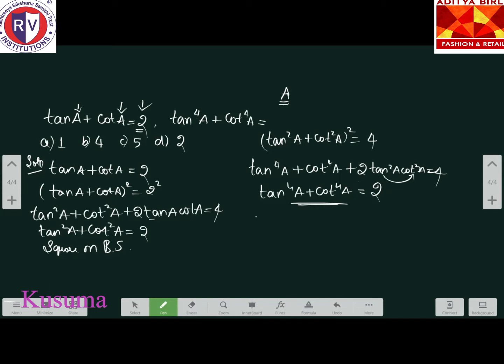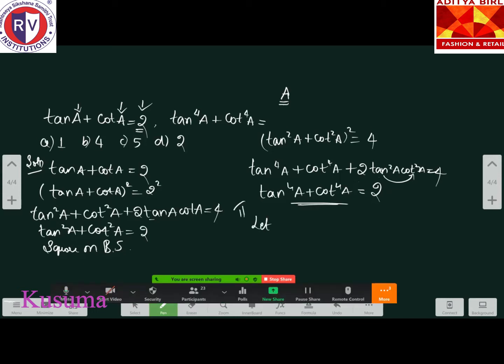So this is the second method. Let us choose A equal to 45 degrees. Now, tan 45° + cot 45° will be equal to 2.